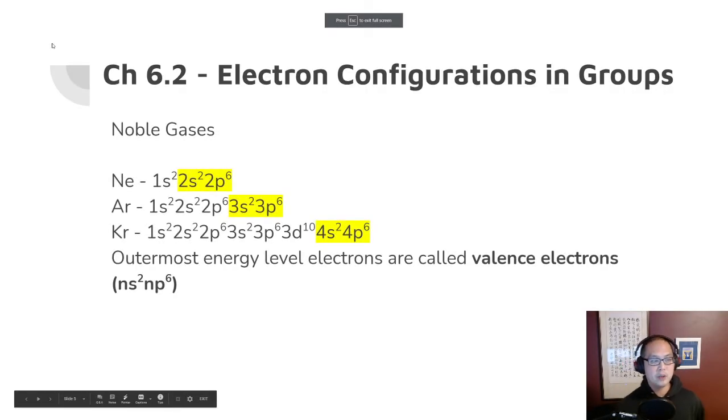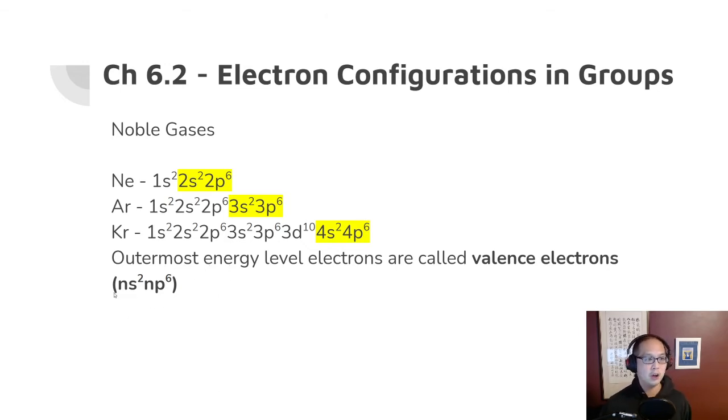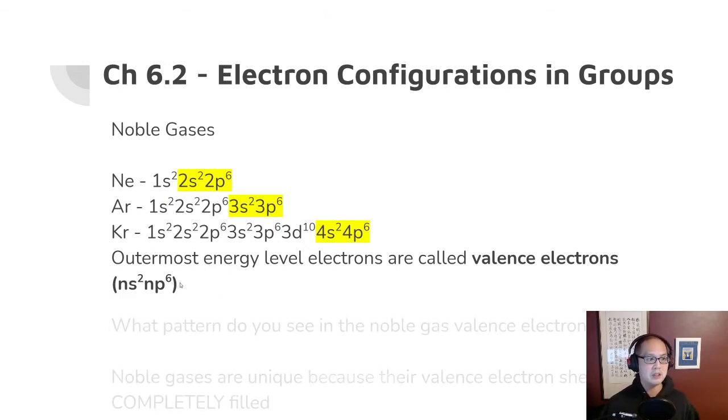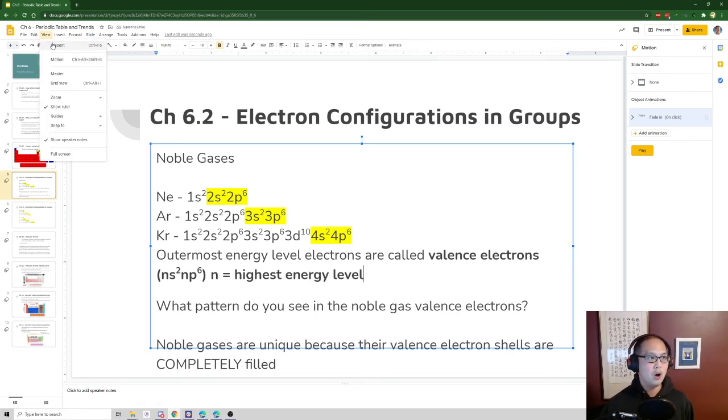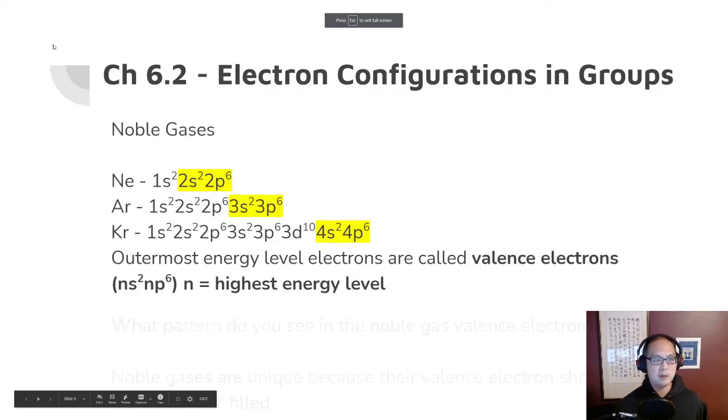This is the pattern that we see for all noble gases. They're all going to end in ns2, np6, where, excuse me, I should write n equals the highest energy level. Okay, so all noble gases end in ns2, np6, where n equals the highest energy level.